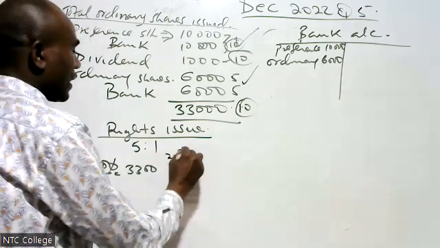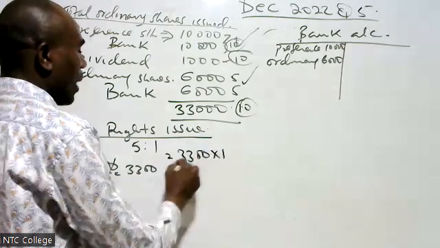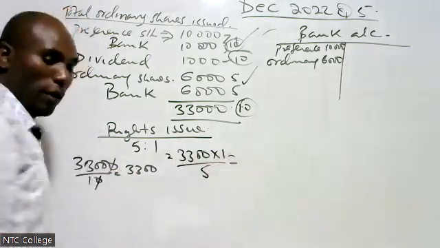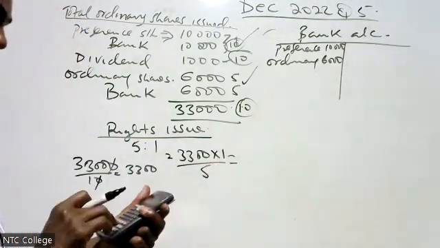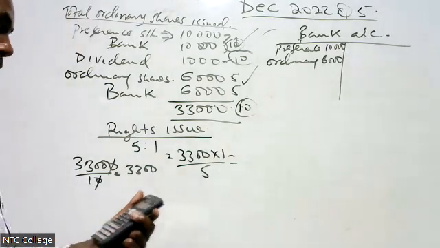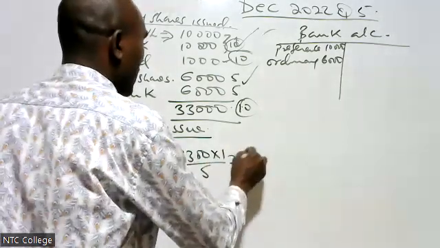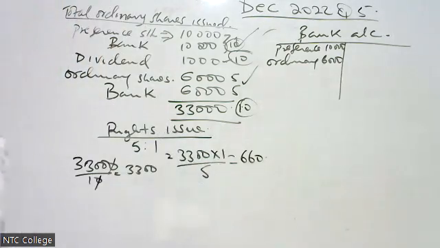Then I say 33 times 1 divided by 5, of which I'm getting 660 shares.